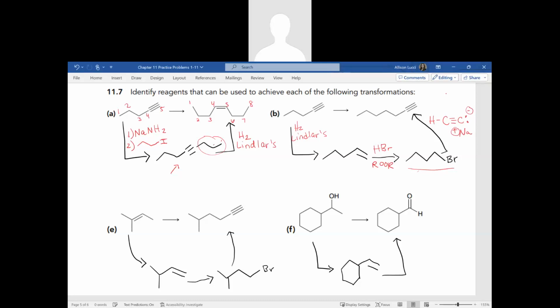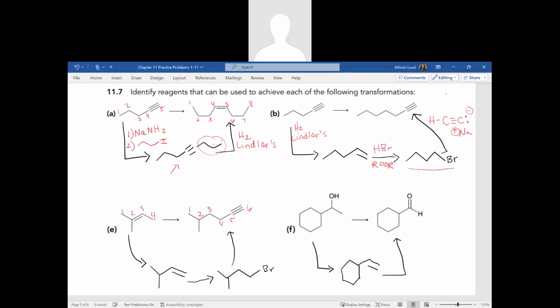So let's take a look at part E now and see how we can accomplish this transformation. So we have a starting material with, let's see here, how many carbons? 1, 2, 3, 4 in our longest chain. Our product has 1, 2, 3, 4, 5, 6.